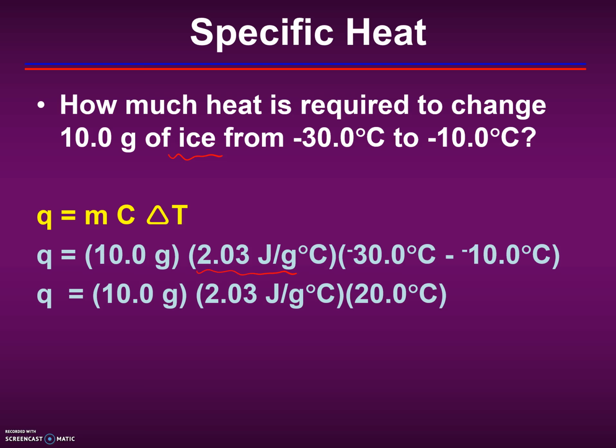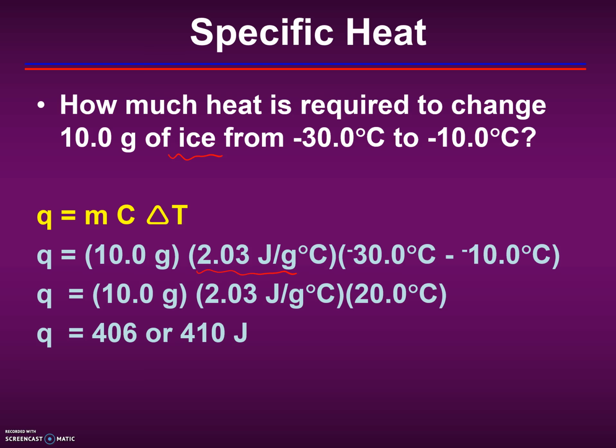So I don't want you to get too bogged down with the negative signs. Our changes in temperature are always the absolute difference between the two. So 10 times 2.03 times the 20, and the amount of heat required to raise 10 grams of ice 20 degrees is only 410 joules.